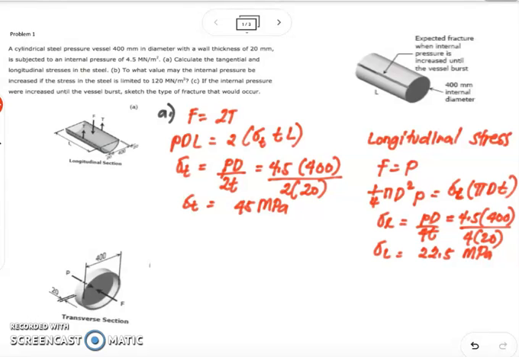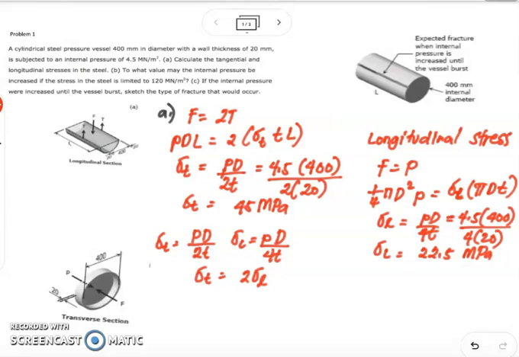So from our illustration, we have identified that our tangential stress is equal to PD all over 2T, internal pressure times the diameter over 2T, and our longitudinal stress is equal to internal pressure times diameter all over 4T. So we have the conclusion that our tangential stress is equal to 2 times the longitudinal stress. And this shows that the tangential stress is the critical.